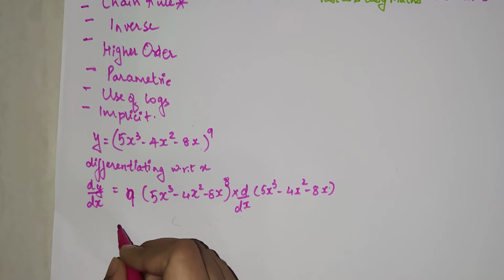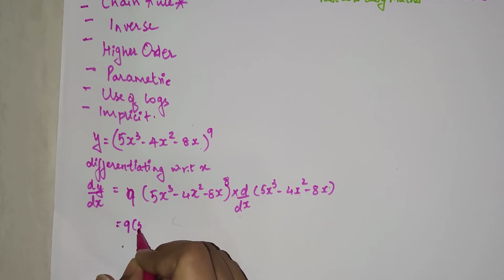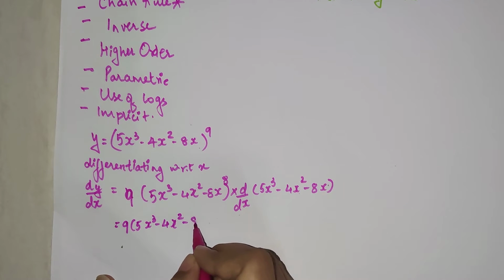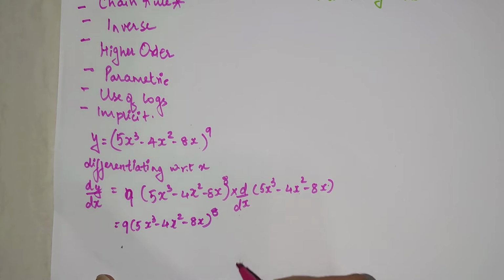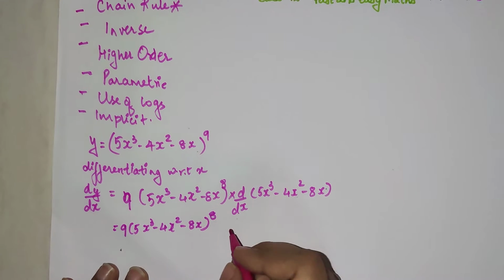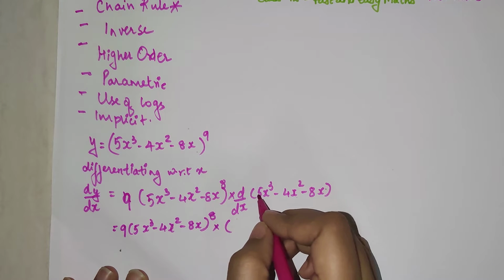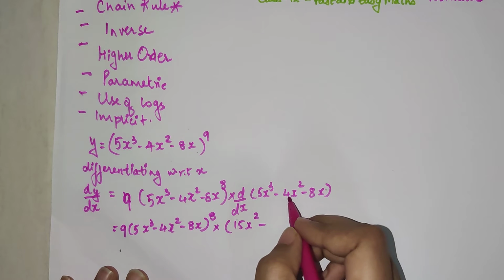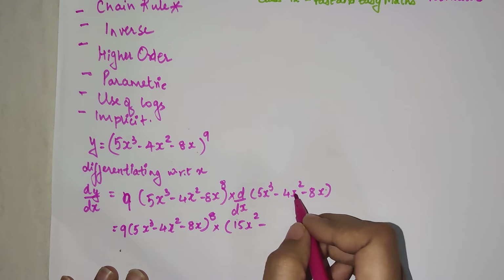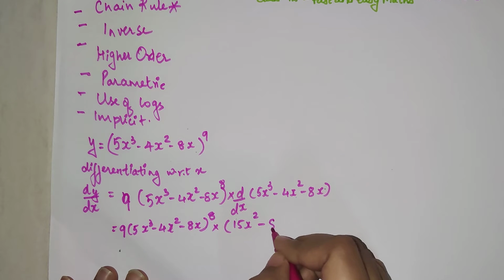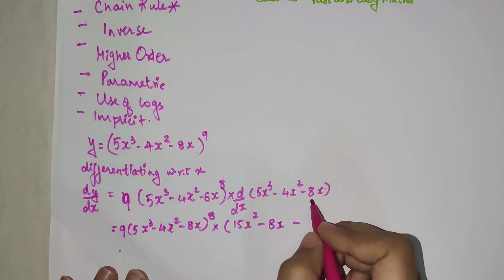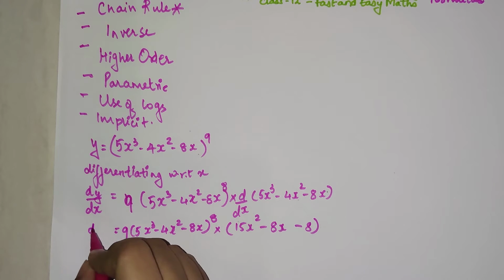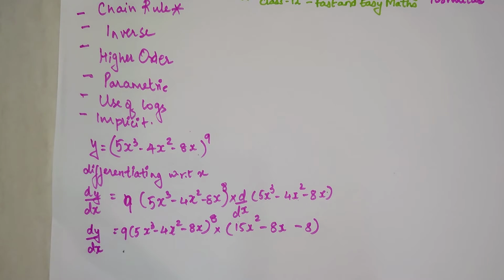Okay, so here my final answer would now be the whole raised to 8 into differentiation of 5x cube is nothing but 15x square, differentiation of minus 4x square is nothing but minus 8x, differentiation of minus 8x is nothing but minus 8. Okay, so that is your answer for dy by dx.